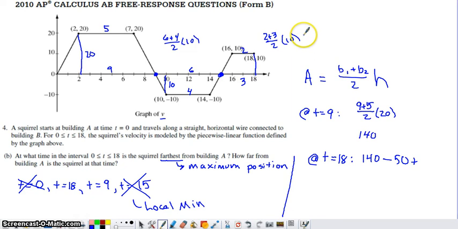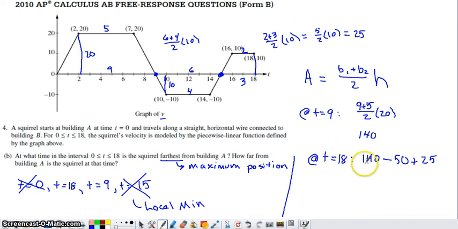And so that would be 5 halves times 10. If you multiply 10 by 5 halves, I think what you're going to end up with is 25. And so the squirrel moves 25 feet back toward building B across the last 3 seconds.